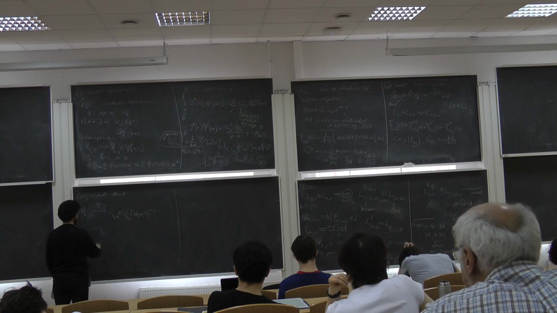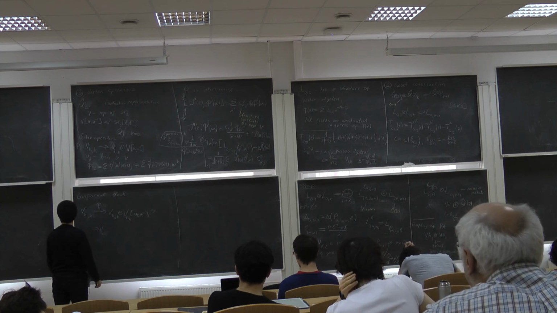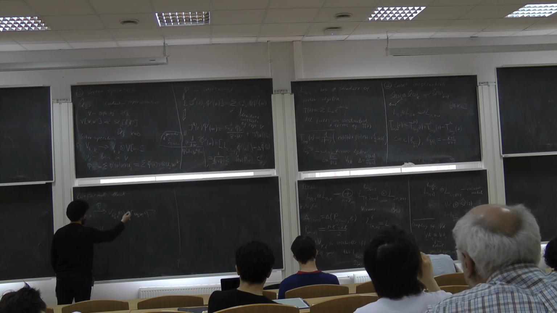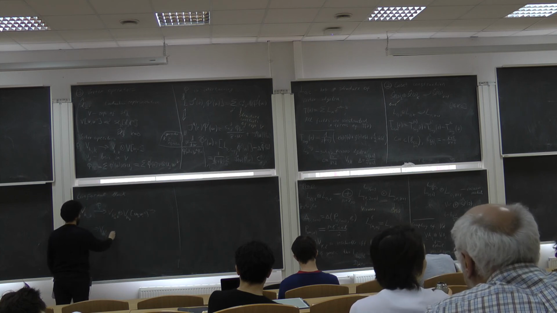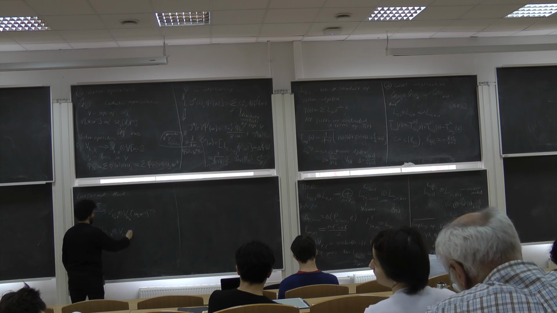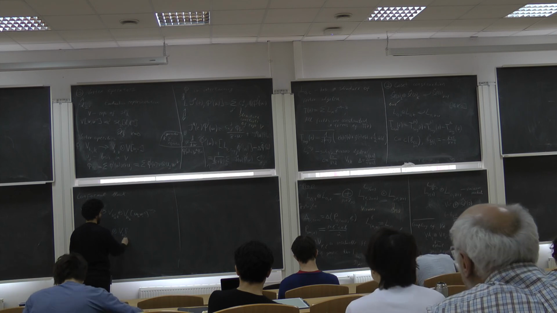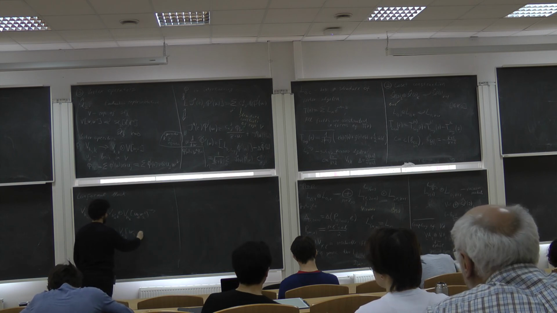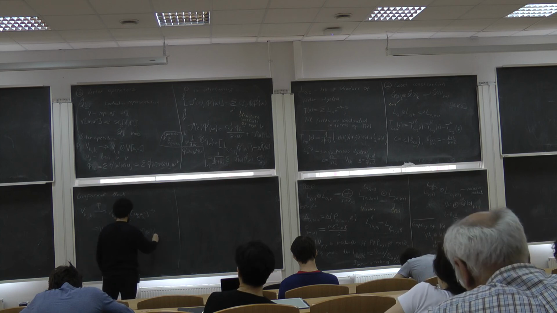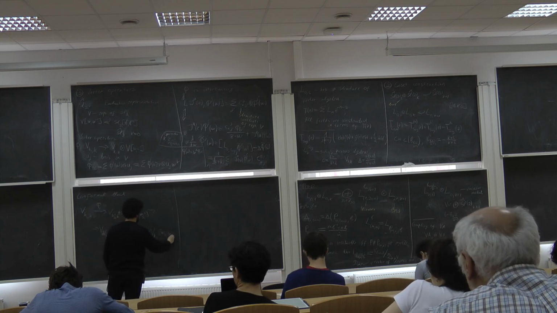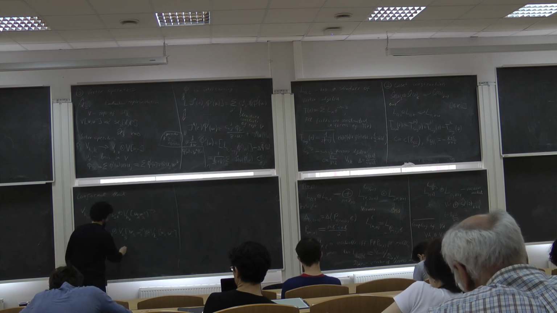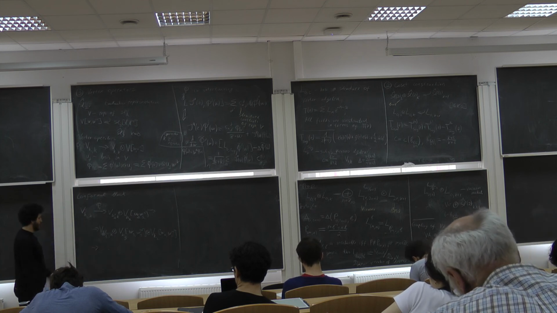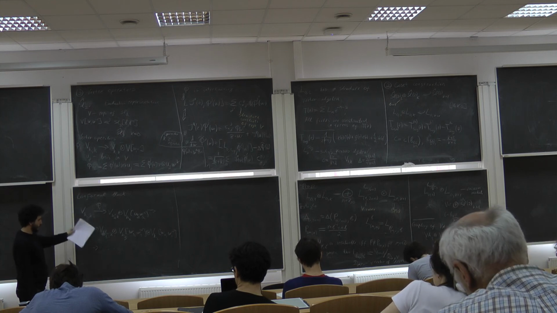I have a problem with notations. And so on, and then you pick some vectors or covectors here and on the right side.